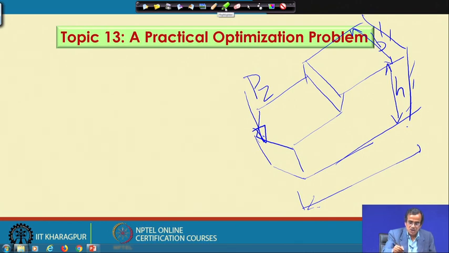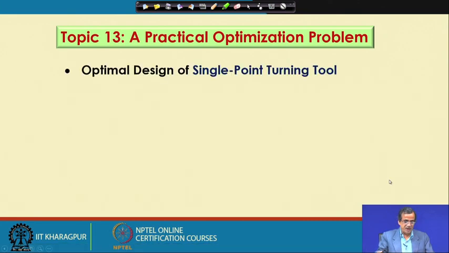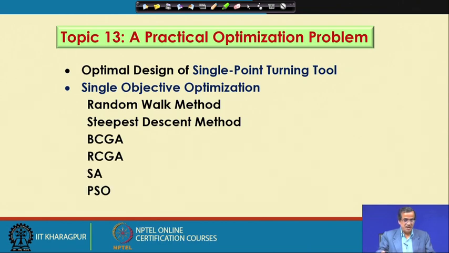To solve it, we took the help of all the algorithms we have already discussed. For example, we first considered a single objective optimization problem, and we used all the techniques one after another, like the random walk method and steepest descent, these two being the traditional methods.